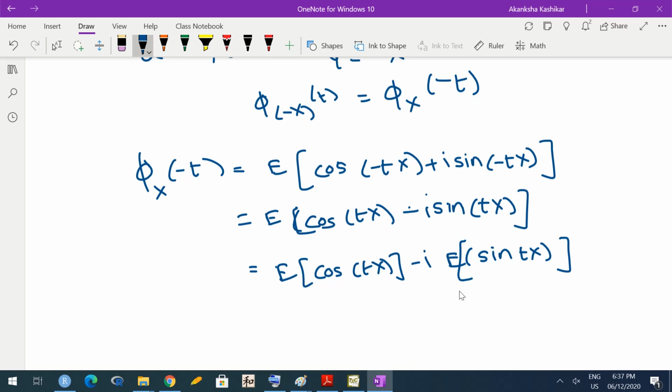So this is the complex conjugate of the original characteristic function, phi X(t) bar.